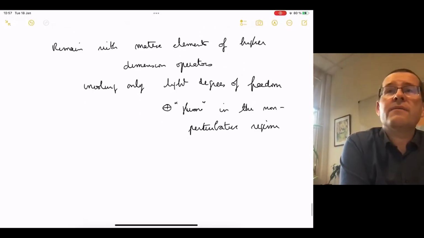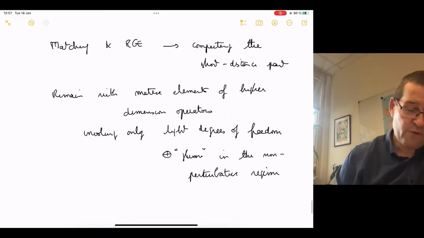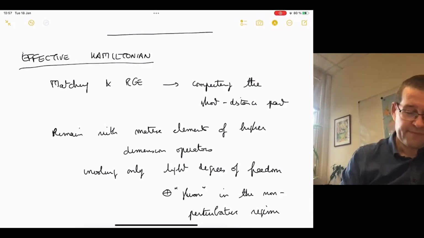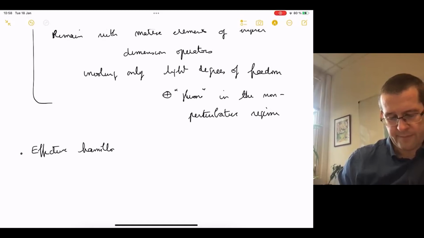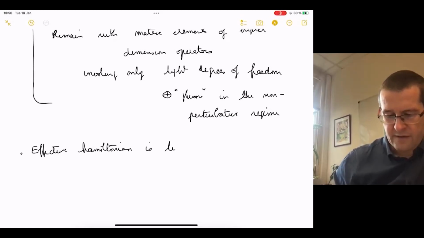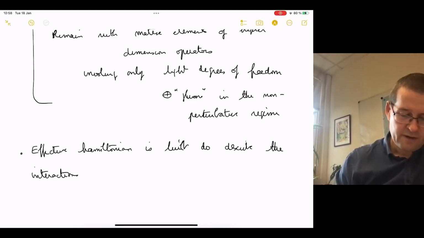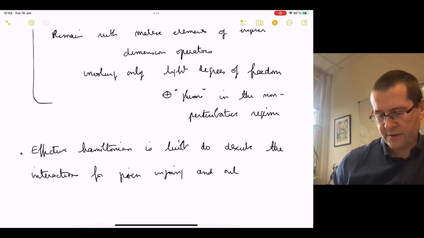One last thing that maybe I can mention, before moving to the next part, is that the effective Hamiltonian that you construct is built to describe the interactions for given ingoing and outgoing states.